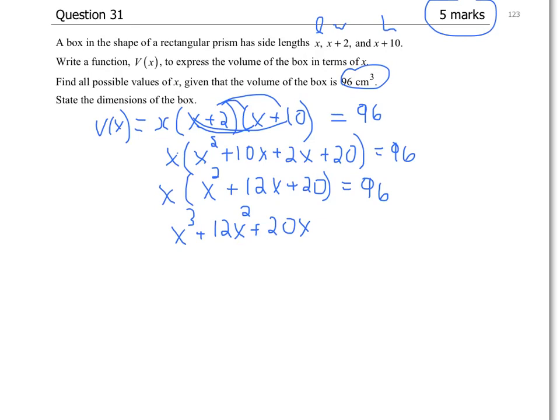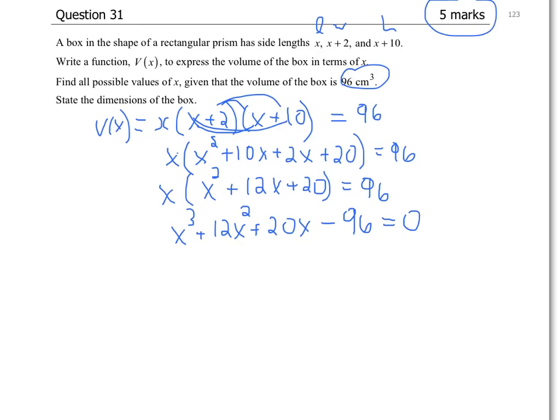I'm going to save one step and subtract 96 from the left side and say that equals 0. So what I really need to do is factor this expression so that I can solve it.